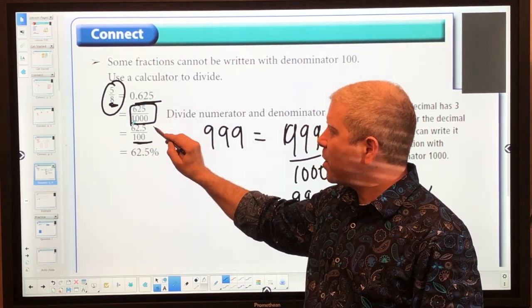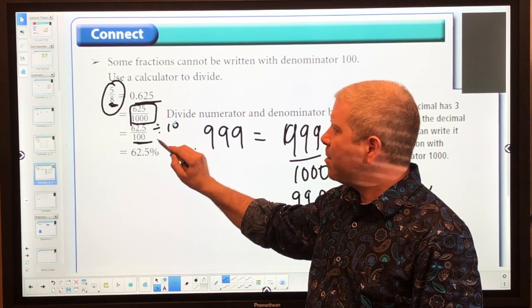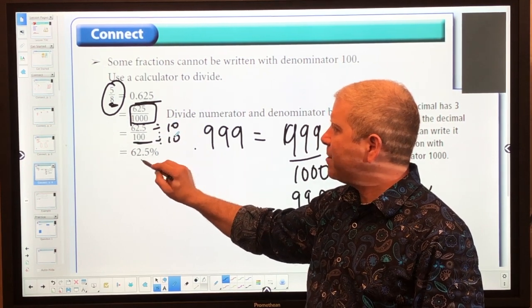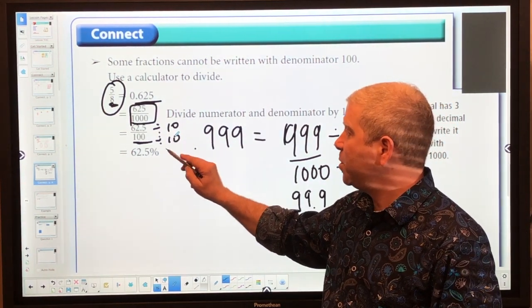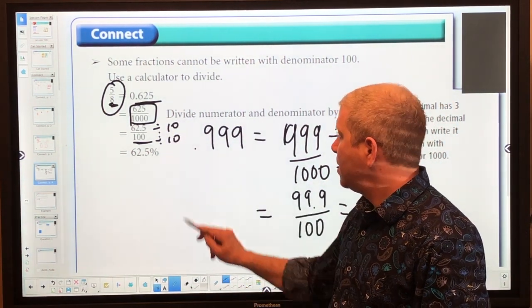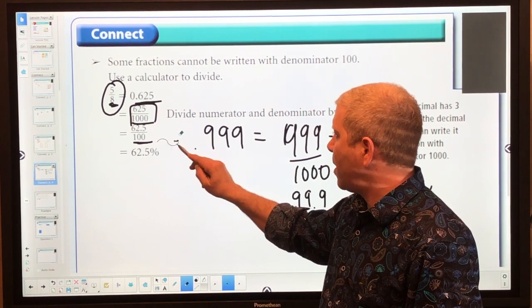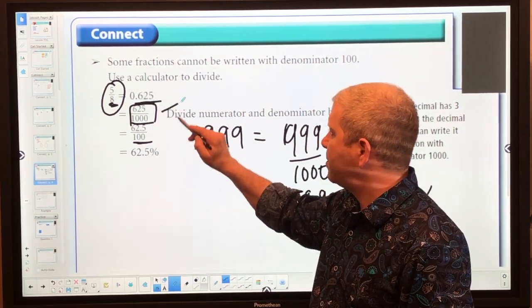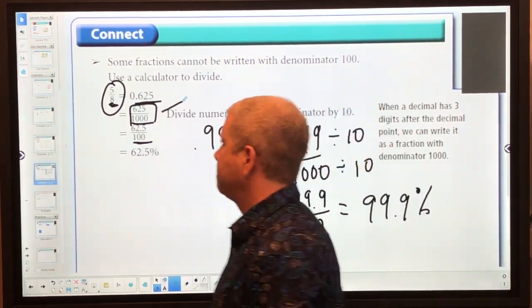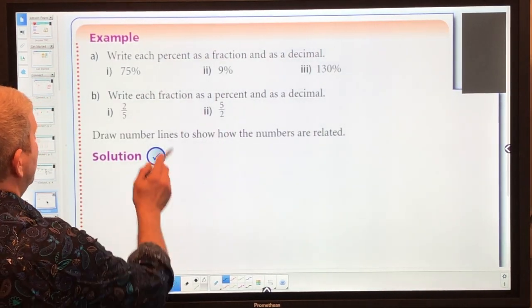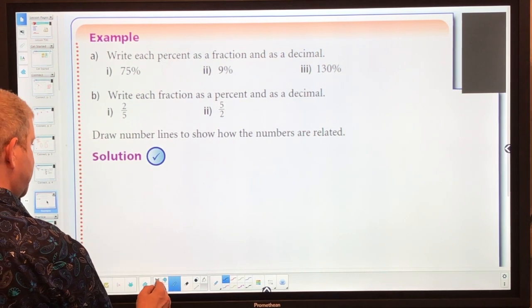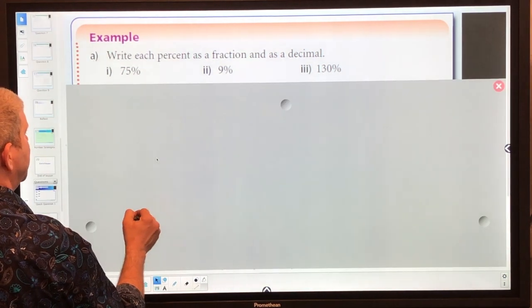Then we divided the top by 10 and the bottom by 10, and that gave us 62.5 over 100, which is going to be 62.5%. Sorry, both of these were divided by 10.